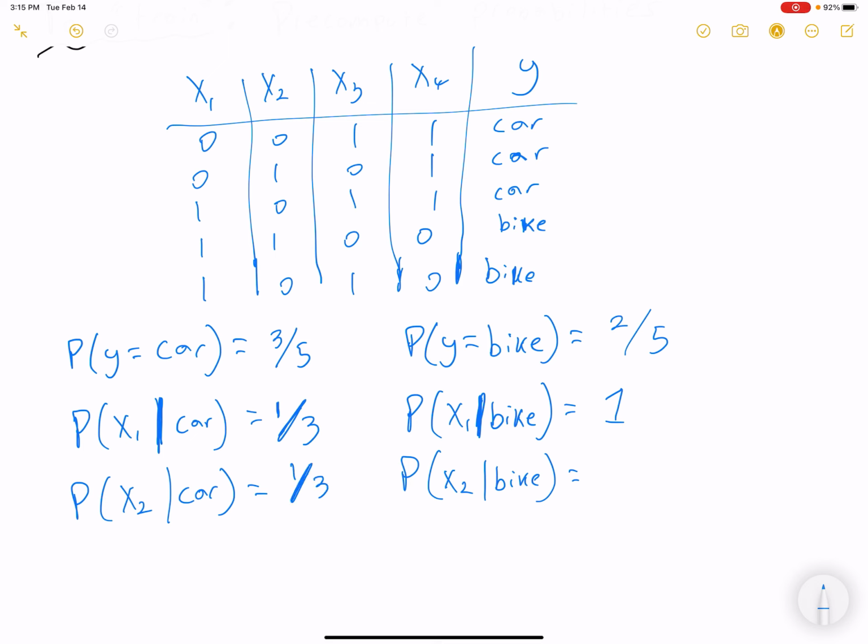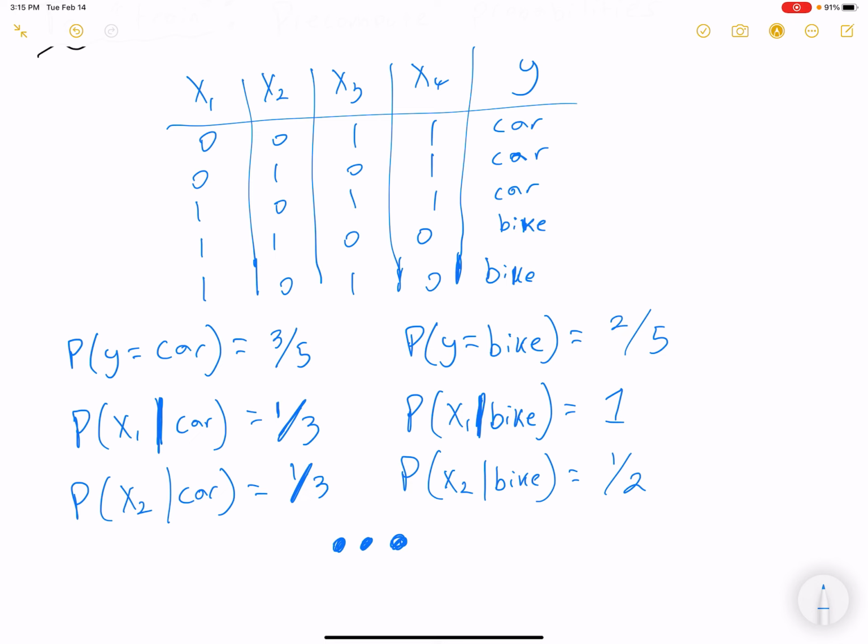And what about x2 given bike? Okay, cool. So you could keep going, and now you have all the relevant probabilities so that when you classify, you multiply them out in the correct way, see which one is larger. That's basically where we ended last class. Any questions on this? So you're implementing this in the homework?